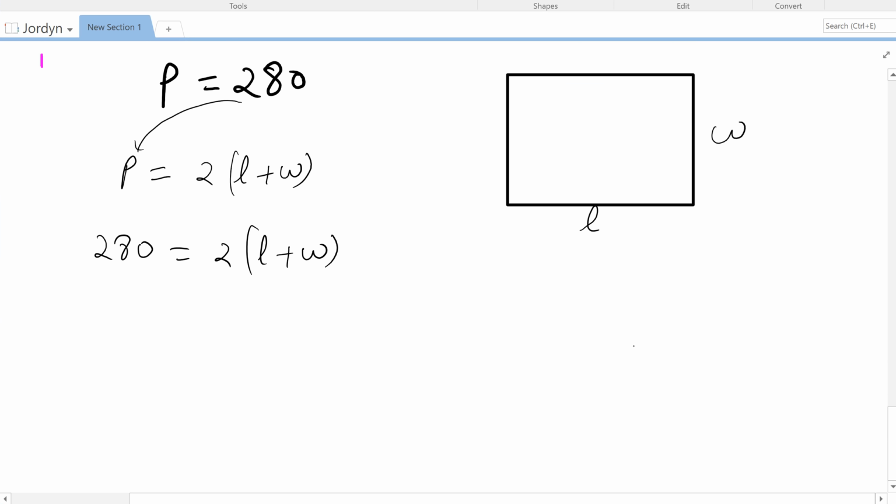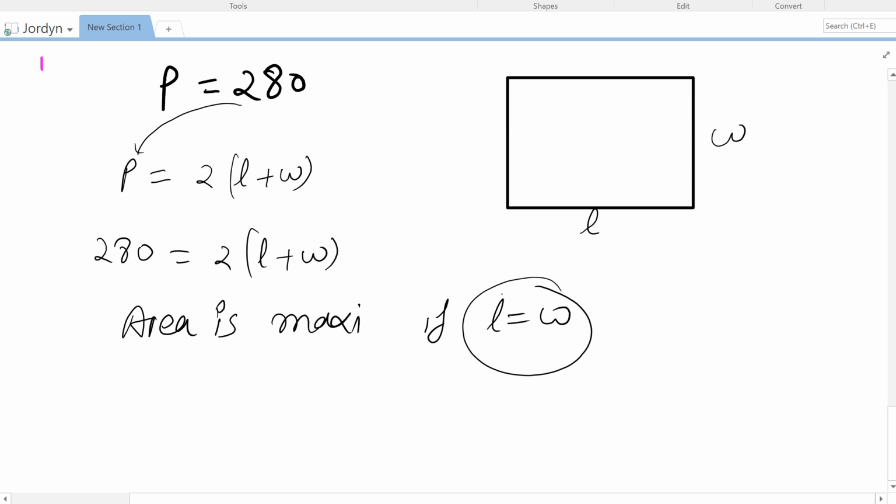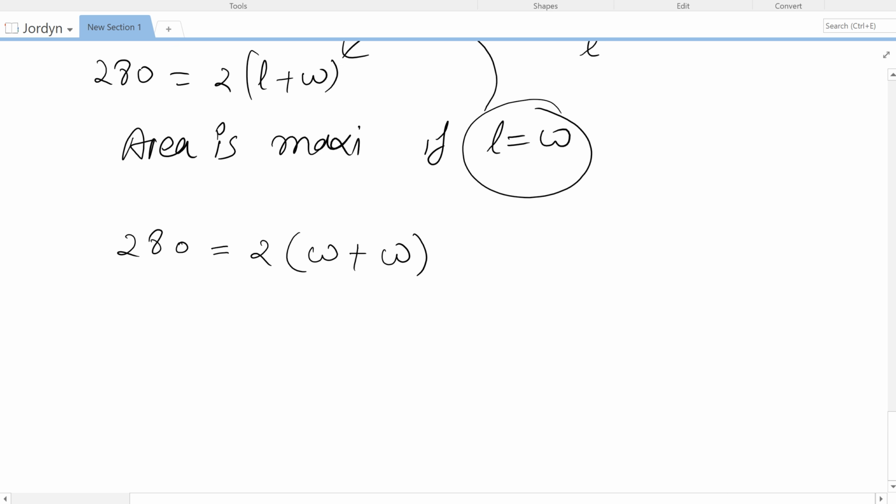So we already know that the area is going to be maximum if L equals W. So I substitute L equals W in the second equation, where we have the P substituted. So we substitute L equals W or W equals L, it really doesn't matter. Both of them are the same, right?